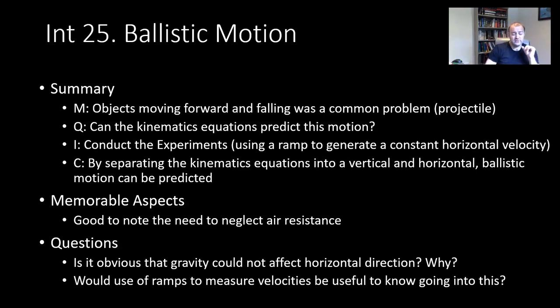So you can actually use the ramps to measure velocities. I feel like that would be beneficial to this, because you could also show that the horizontal distance traveled did prove that this horizontal velocity wasn't changing if you could measure the time it took to fall appropriately.